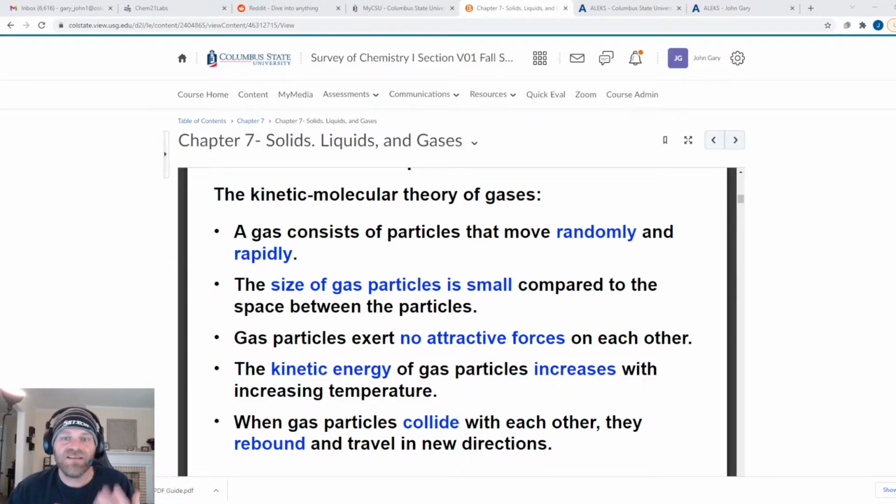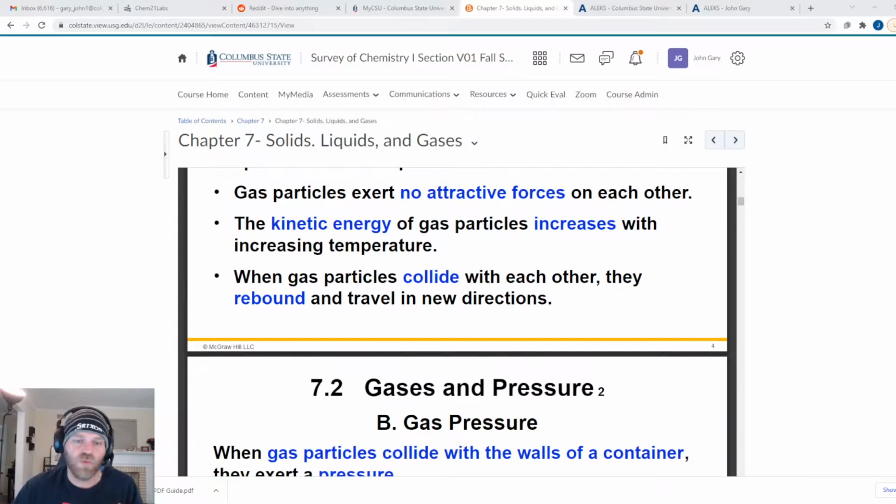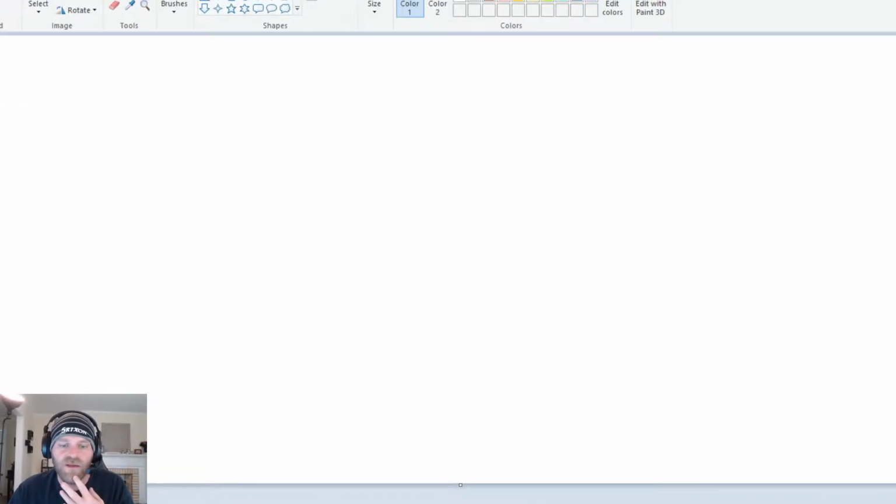And so this force where, let me pull up my paint pad real quick. This force where particles are moving around in an enclosed space and bouncing off the walls, it creates this force that we call pressure. Okay?